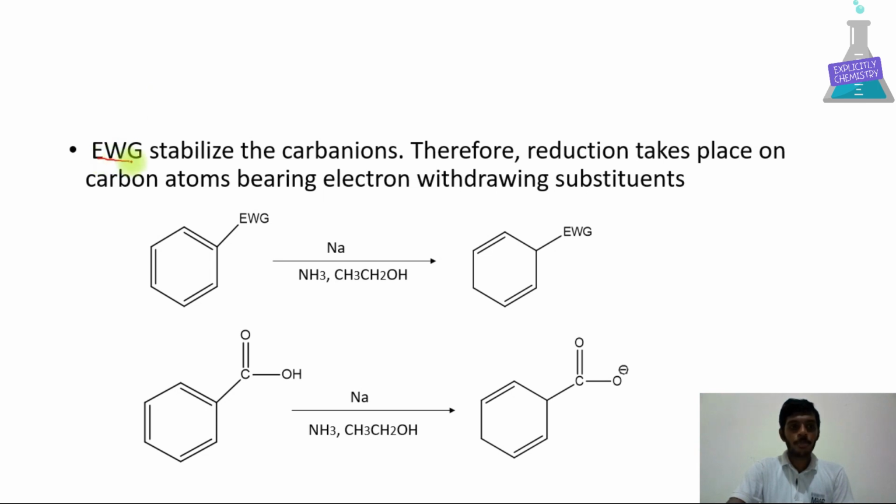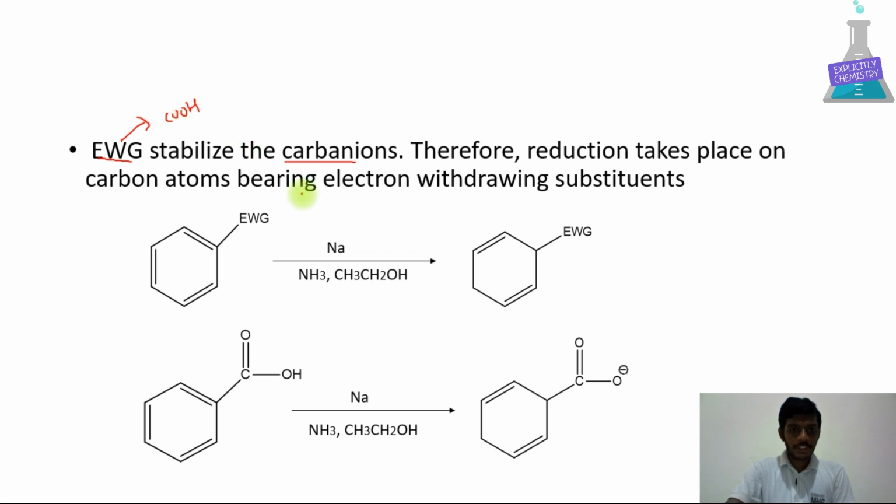Electron withdrawing groups like COOH stabilize the carbanions. Therefore, reduction takes place on the carbon atom bearing electron withdrawing substituents.